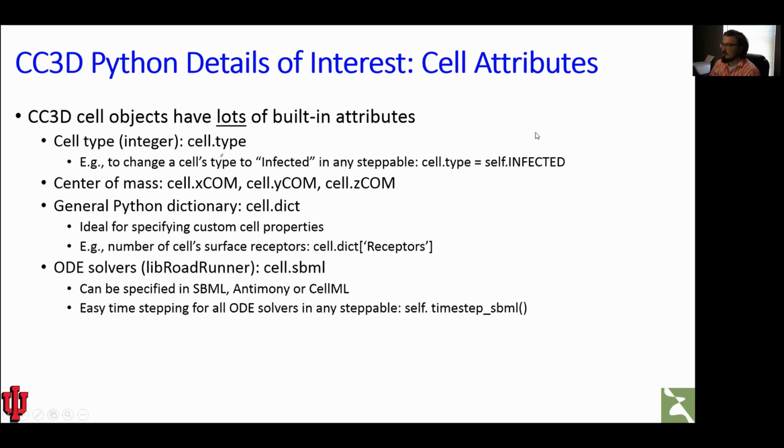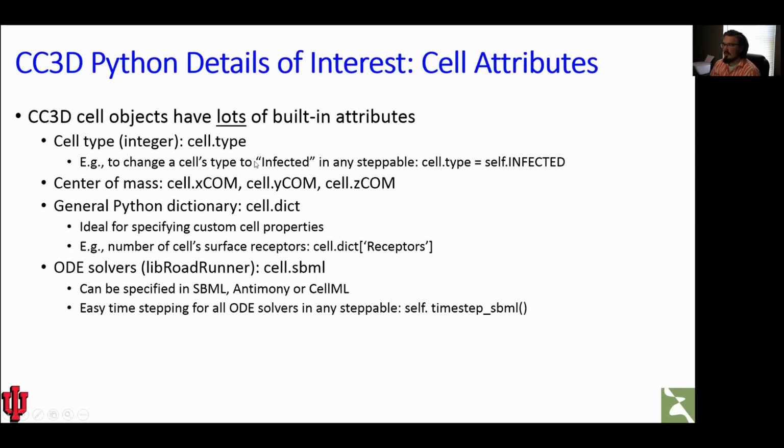Just as we were talking in the steppables about having easy access to the cell types defined in the simulation by self.INFECTED, when we handle a specific cell object, cell.type will also reflect the integer of the cell type for this particular cell.